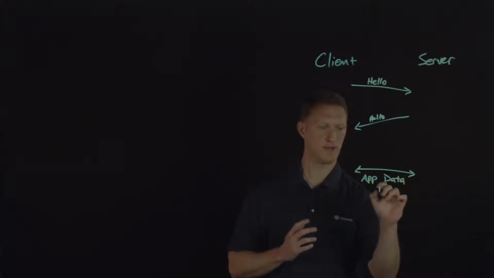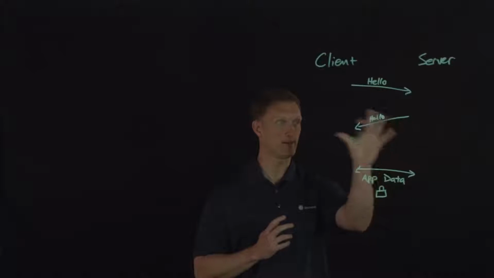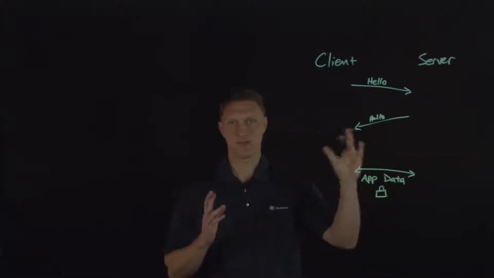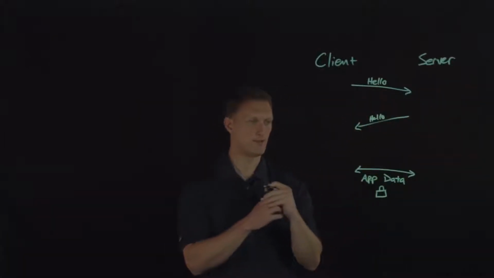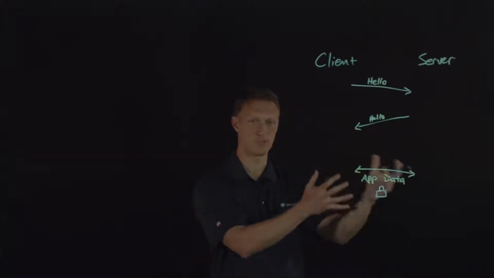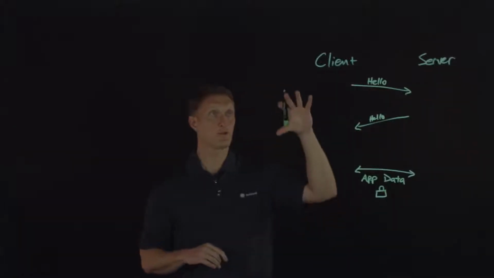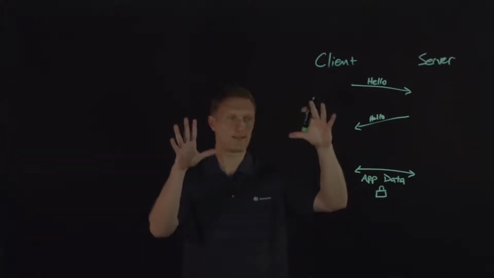And I'm going to put a little lock on that because once you go through this key exchange and cipher coordination and agreement and all that stuff, then ultimately you land down here with encrypted application data between client and server.